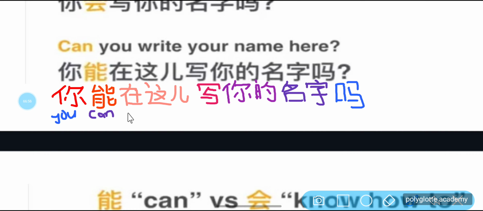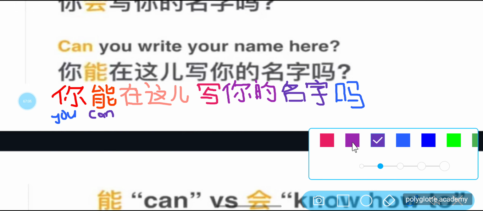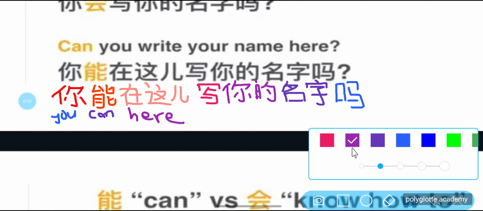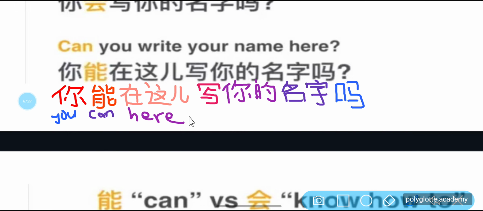It means can, or in the form of permission, permitted. 在这, which means yeah. And we have 写, which is a character meaning to write.